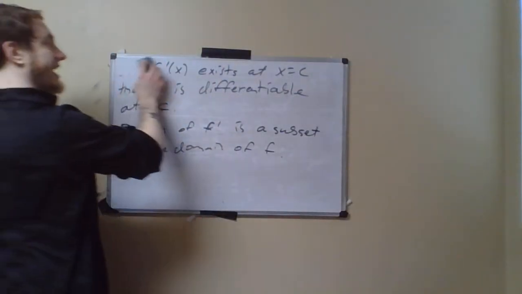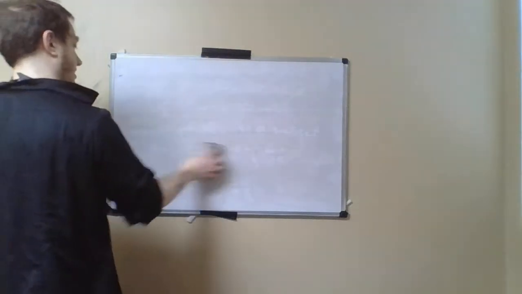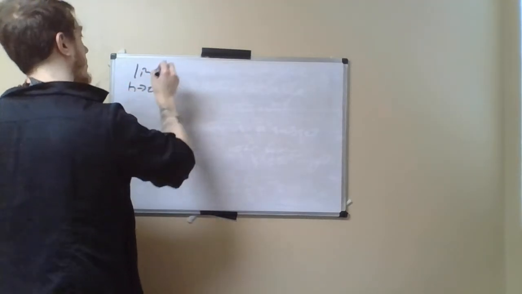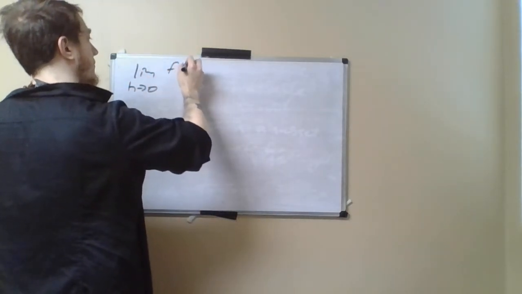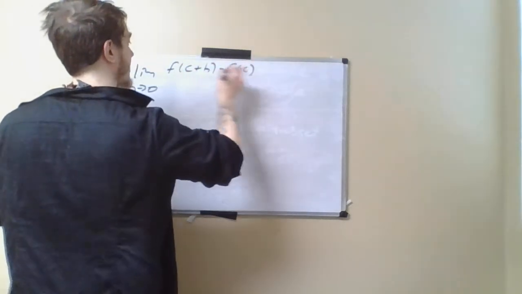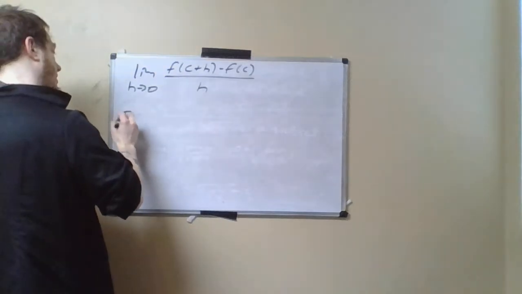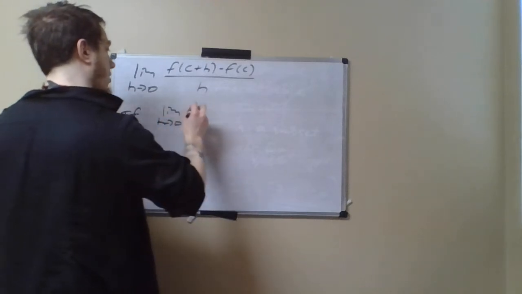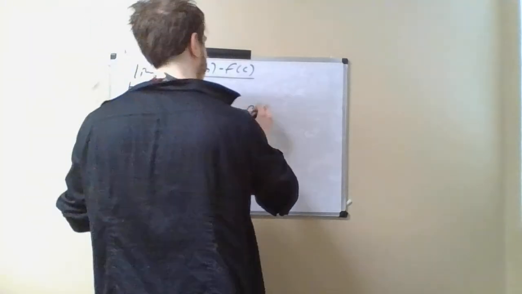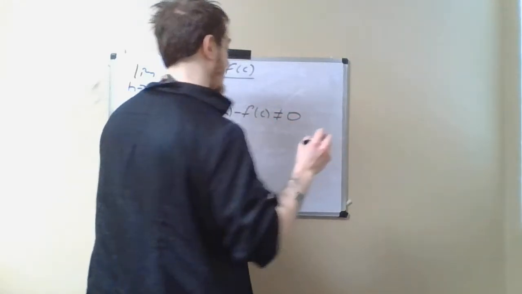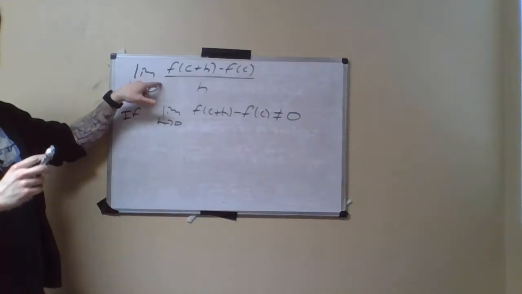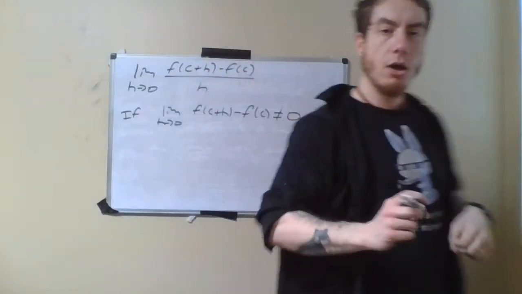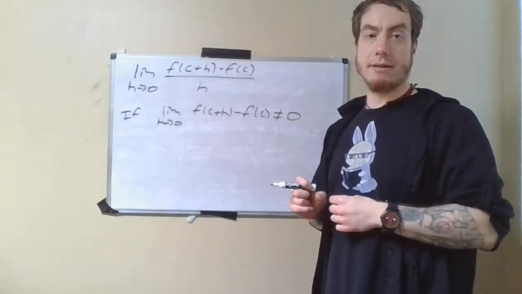Another thing that we can say is this. If I take a look at the limit as h approaches 0 of f of, let's say, c plus h minus f of c divided by h, if the limit as h goes to 0 of f of c plus h minus f of c is not equal to 0, well, then this limit cannot be defined, because in that case we would have a numerator that's approaching something that's non-zero over a denominator approaching 0, and that's going to mess this whole thing up.